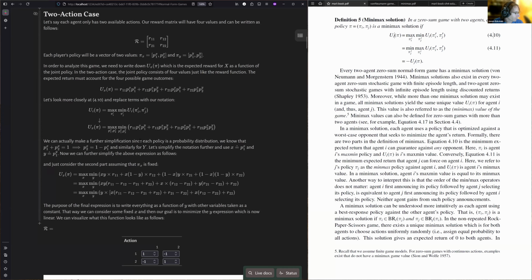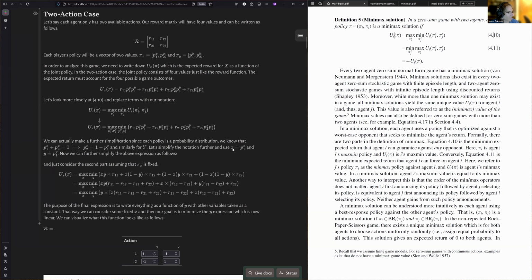Now, on top of this, we know that these policies are probability distributions. So we can further simplify this by only writing one of the probabilities, which is the probability for action 1, and then action 2 will just be 1 minus that. I'm just going to call P1 lowercase x.